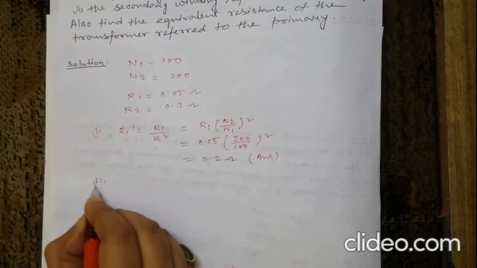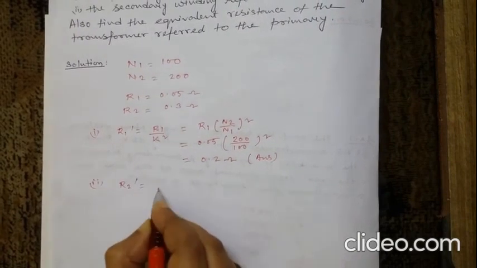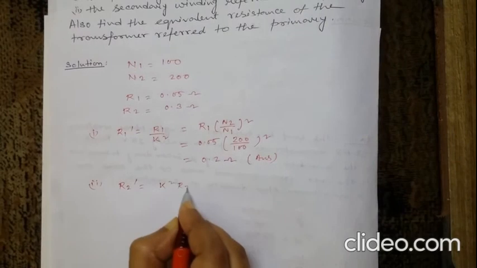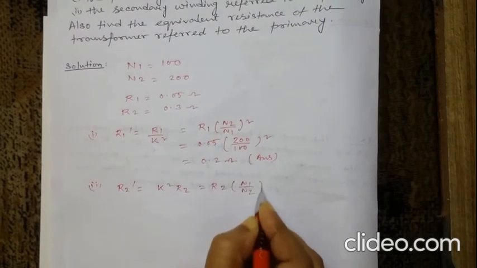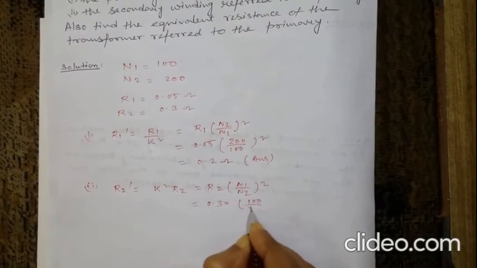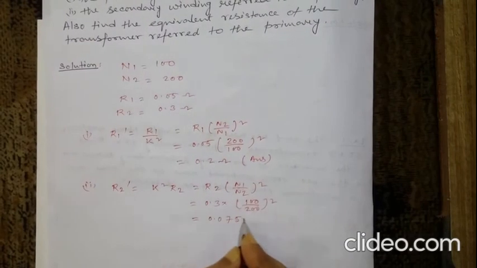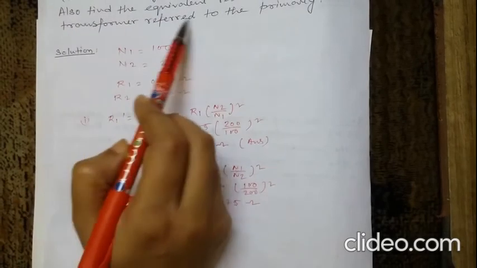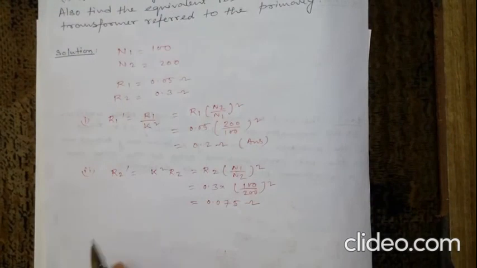Now the resistance of secondary winding referred to primary, R2 dash, is equal to R2 by K square, that means R2 into N1 by N2 whole square, 0.3 into 100 by 200 whole square, 0.075 ohm.